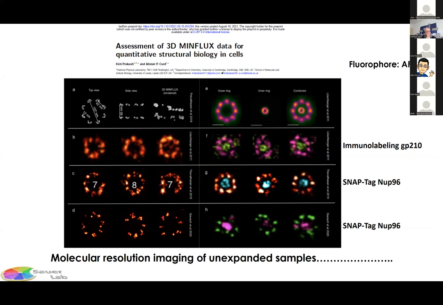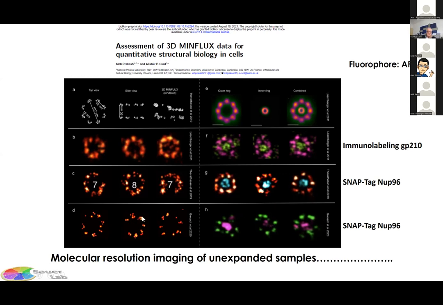And this is again from Kitty's preprint on bioRxiv, where he compared, I already showed an image 20 minutes ago, nuclear pore complex signals of unexpanded samples, as we published it, by labeling a nuclear pore complex anchoring protein by immunolabeling. Then Jonas Ries with his cell line, where he used the SNAP-tag NUP96, and these beautiful two-color images, and then the MINFLUX images.